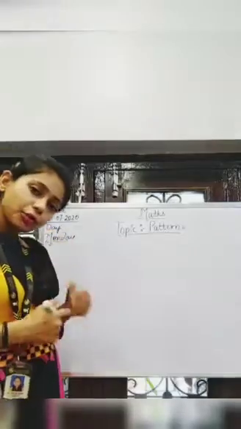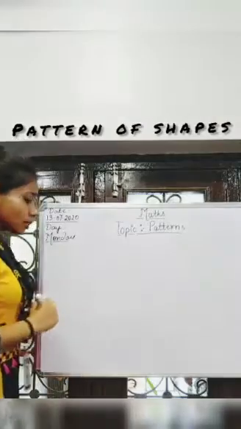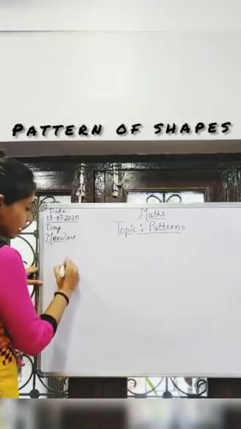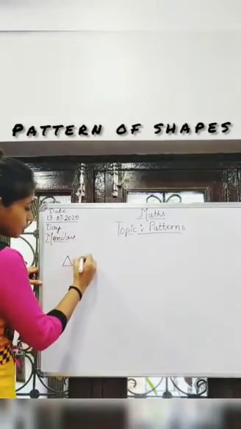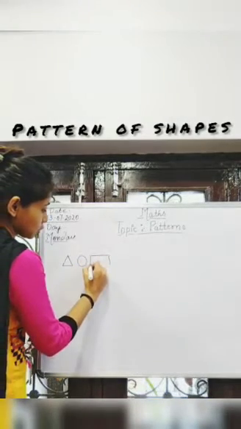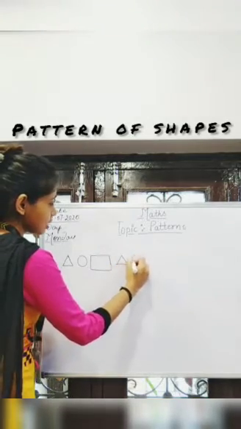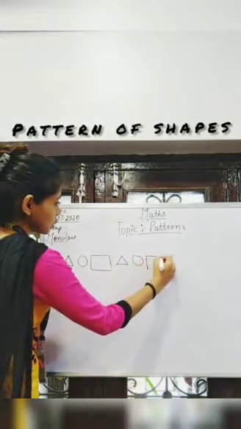So our first is the pattern of shapes. Okay kids, now see it carefully. Triangle, circle, square. Triangle, circle, square.